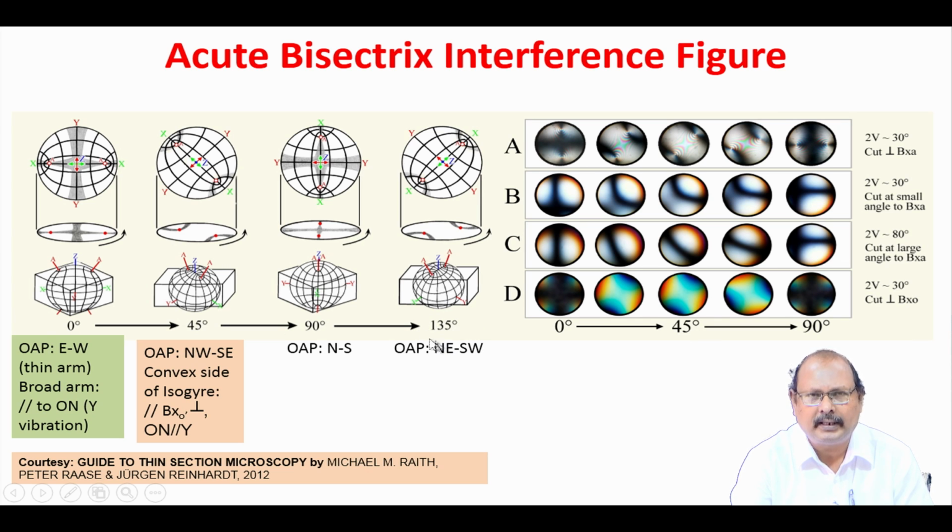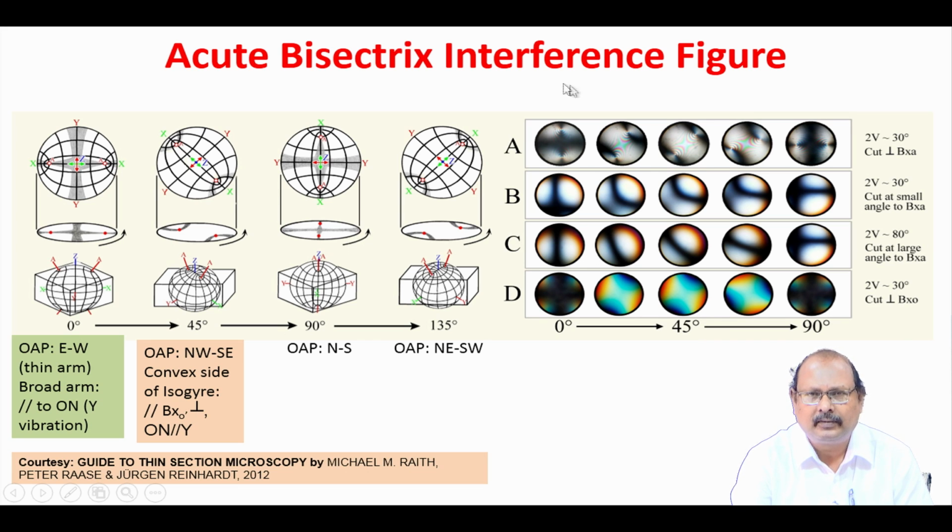What will happen here? Again, the two arms of the isogyre will split into hyperbolic segments. Only, the trace of the optic axial plane will now be oriented along the northeast-southwest direction, whereas in the initial 45° position it was oriented along the northwest-southeast direction.